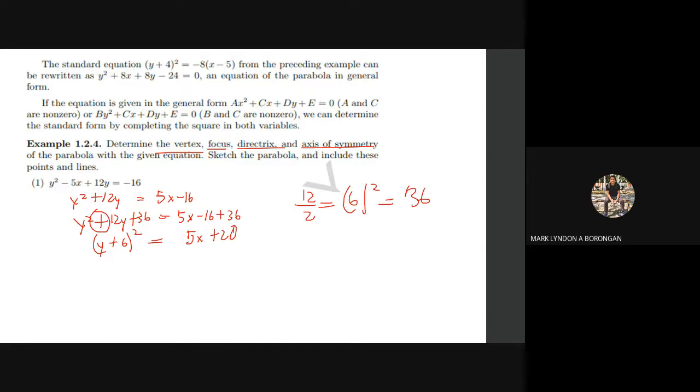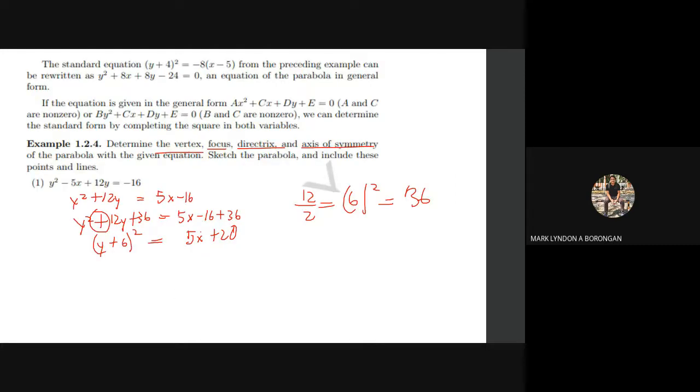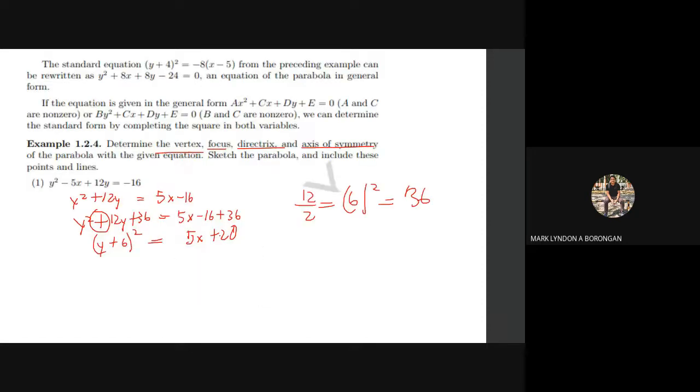We extract the 5, so it becomes 5 times x plus 4.